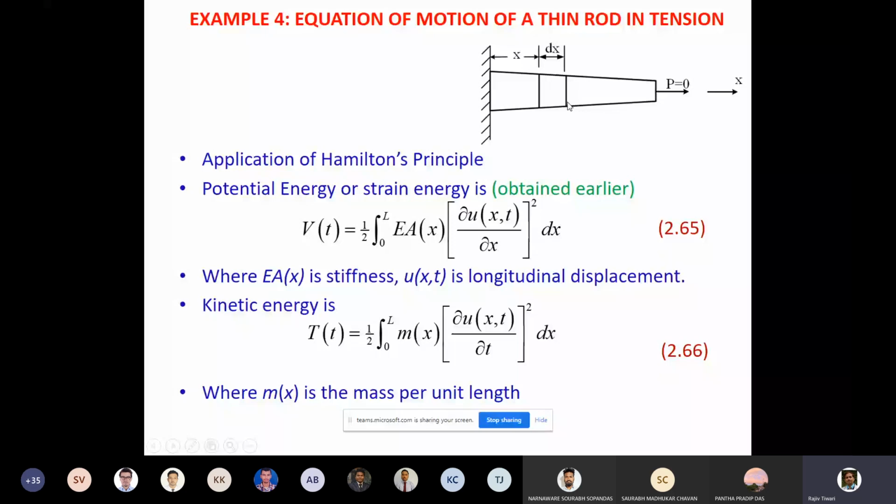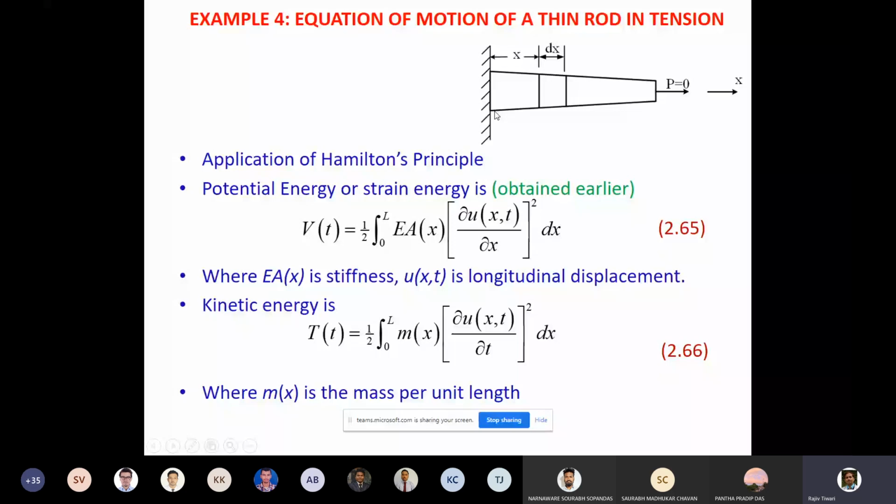As in the previous classes, we have derived the strain energy stored in a small element at a distance x. That expression we'll be using here. We derived this equation for the potential energy, or the strain energy, for this kind of system in which the cross section is varying.